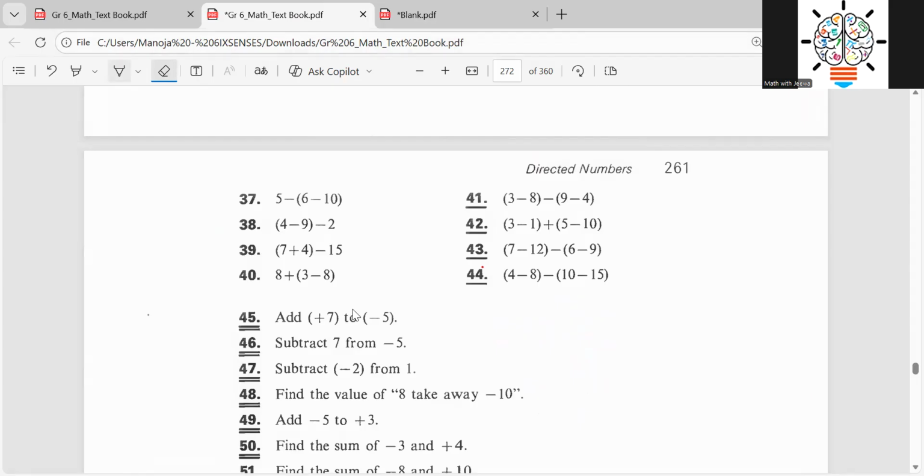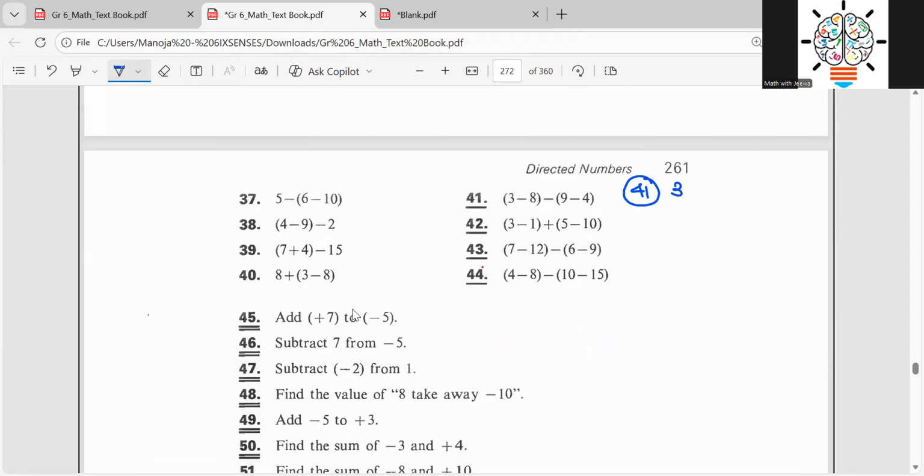It's like this. Question number 41. Look at this. 3 minus 8 minus 9 minus 4. 3 minus 8, what is the answer? Minus 5. 9 minus 4, what is the answer? It is positive 5, or you can just write it as 5. Then how am I going to write? Minus 5, and you can get the answer minus 10. We can write this in another way, children.